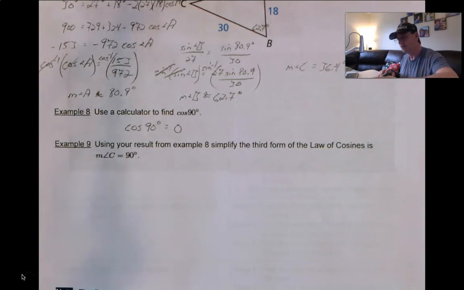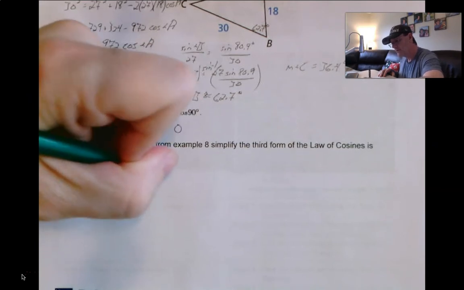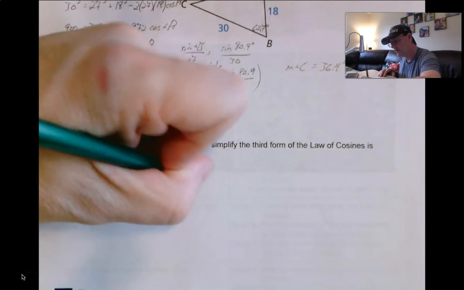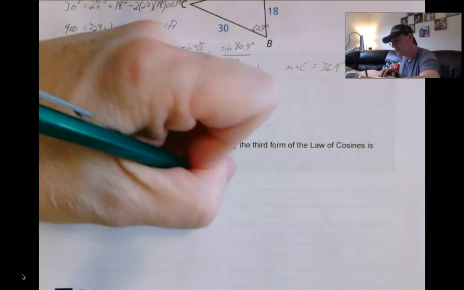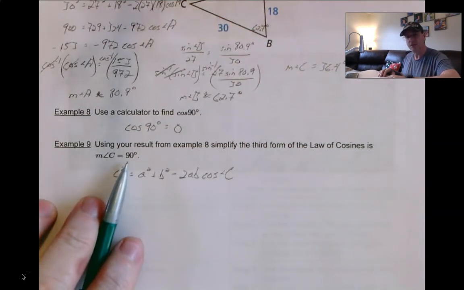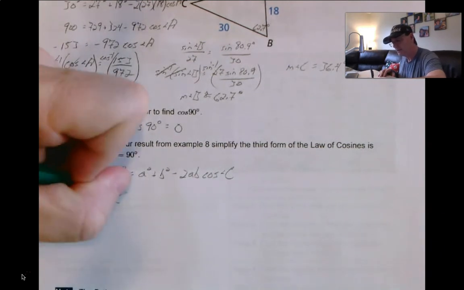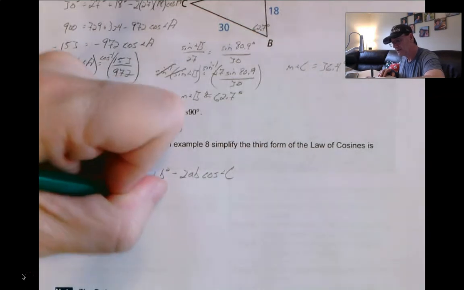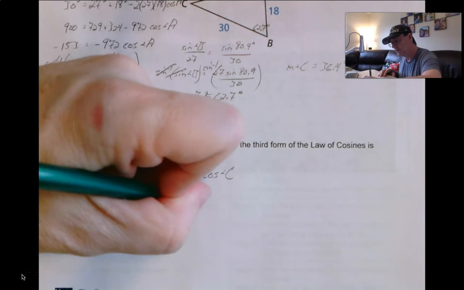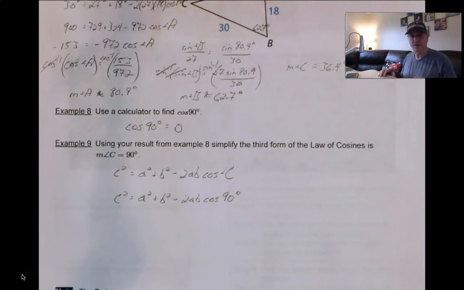where we have c squared equals a squared plus b squared minus 2ab cosine of angle C. Angle C is 90 degrees. So we're just simplifying things if angle C is 90 degrees. C squared equals a squared plus b squared minus 2ab cosine of 90 degrees.